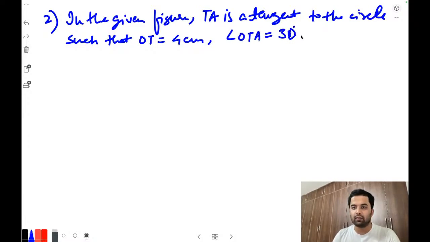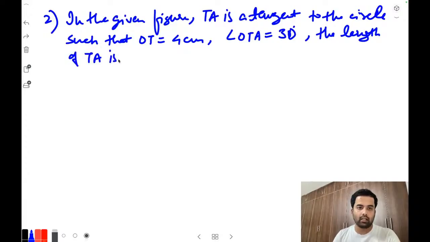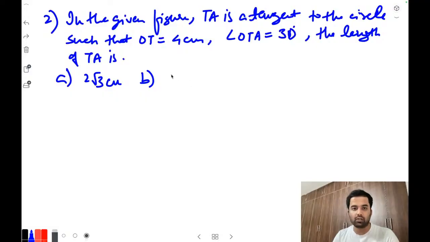Let me draw the diagram first, then you can start the answer. Then the length of TA is? The question is this. Let me keep the options below. A option is 2 root 3 centimeter, B option is 2 centimeter, C option is 2 root 2 centimeter, and D option is root 3 centimeter.